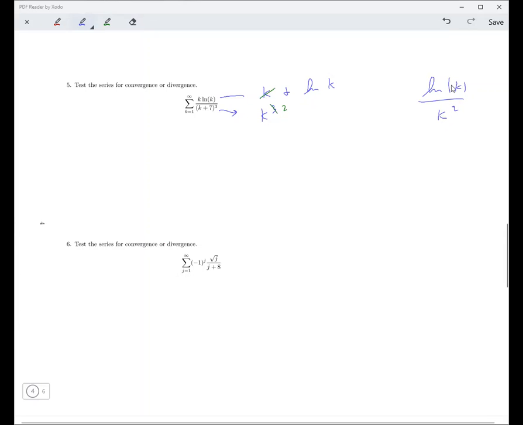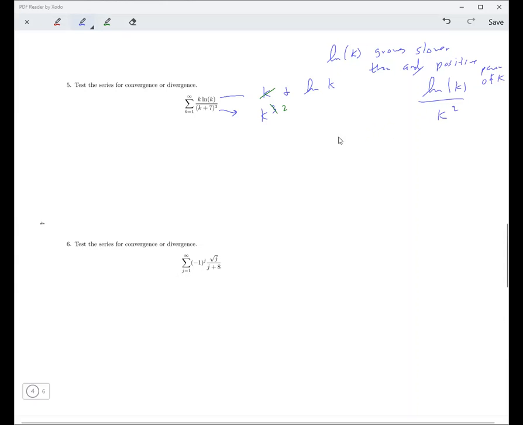And log k is smaller than k. So it's smaller than any power of k. Or let's say it grows slower than any positive power of k. So log k grows slower than any positive power of k.